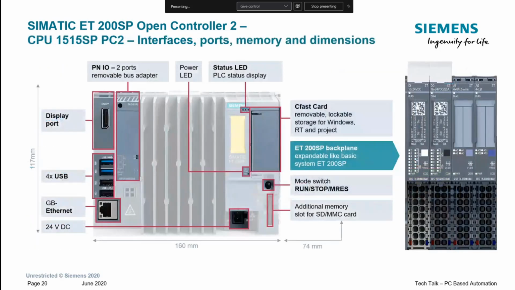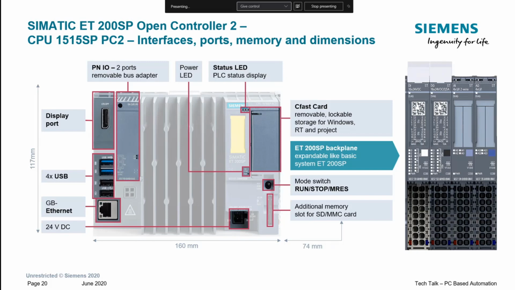In the top left hand corner of the device, we have the display port, where we could hook up our external monitor. Underneath that, we have our USB ports. And at the bottom, there is a gigabit Ethernet connection. This is the connection that is given to Windows, so this would maybe be the connection for engineering or connection to a customer's network.